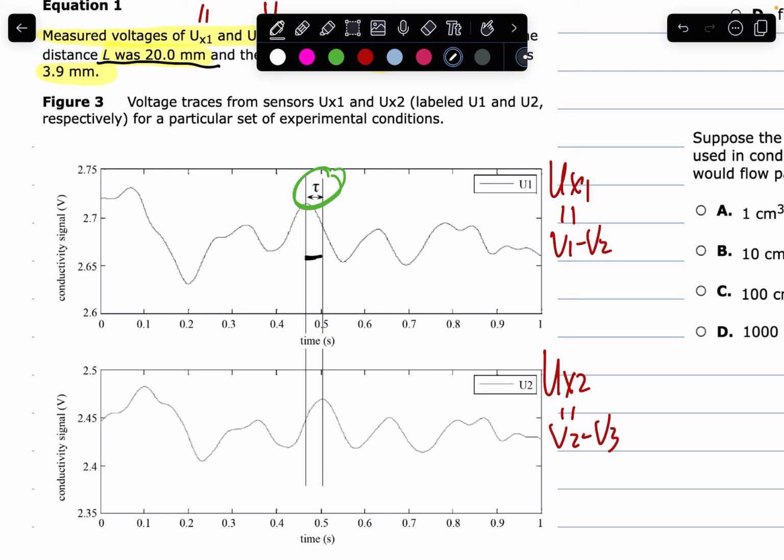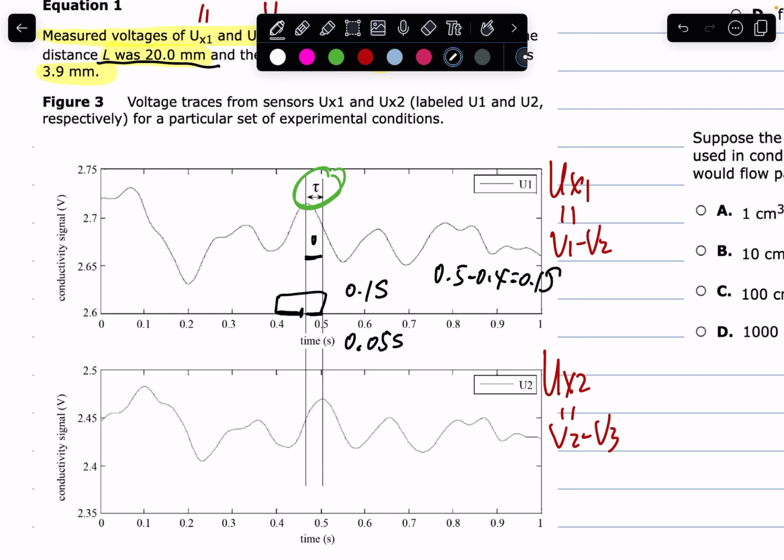Going from 0.4 to 0.5 is about 0.1 second, because 0.5 minus 0.4 gives me 0.1 second. And this is about half of that 0.1 second. So going from here to here it will be 0.45, and going from here to here it will be a little bit less than half of 0.1.